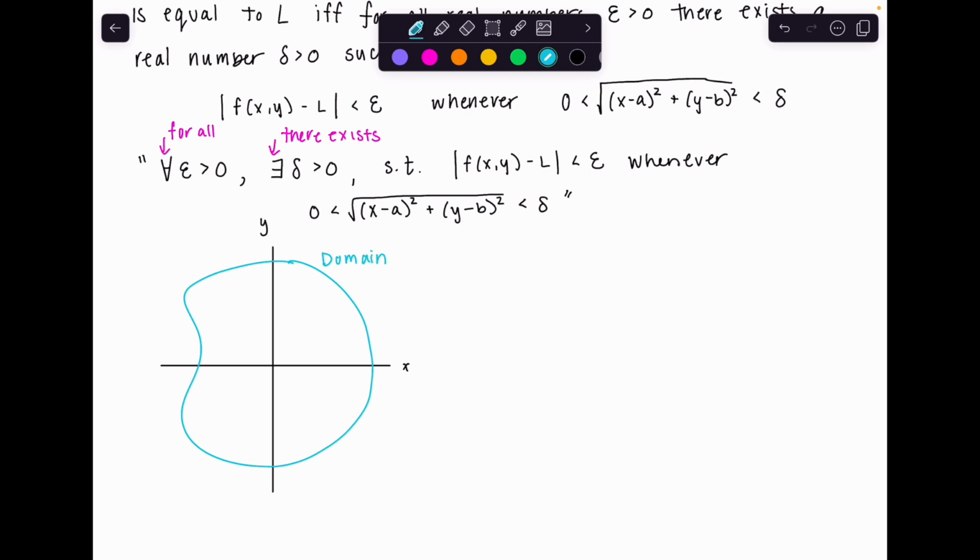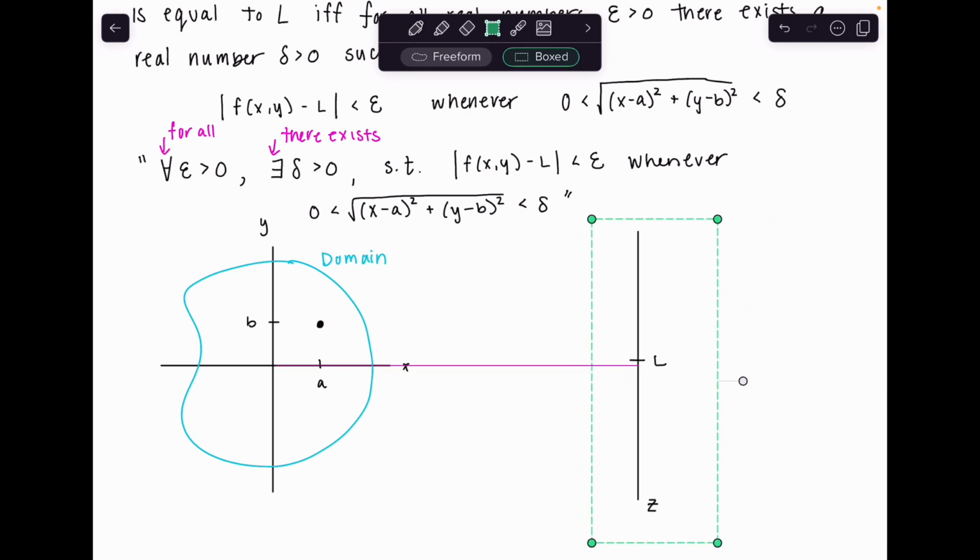Okay. So I have some point (a, b). And I'm approaching that point. Then I've got this limiting value L over here. So L is that z value, the output of the function.